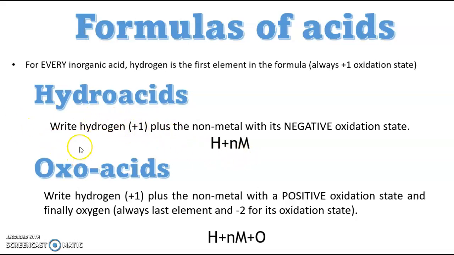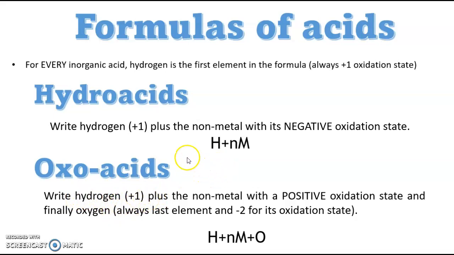But just as a reminder, the way we propose is we write first hydrogen, oxidation state +1. This is always something that you're going to see in acids. This is a constant. Definitely hydrogen is always going to be +1 in acids, either hydroacids or oxoacids, always +1.